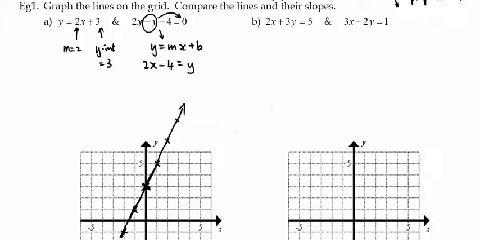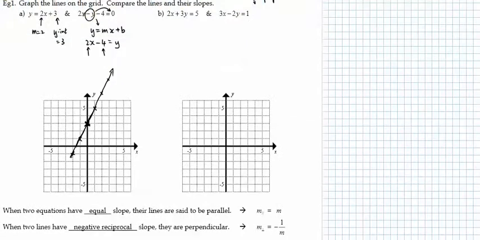This is the equation in slope-intercept form. The second line in this case gives us negative 4 for the y-intercept and positive 2 for the slope.